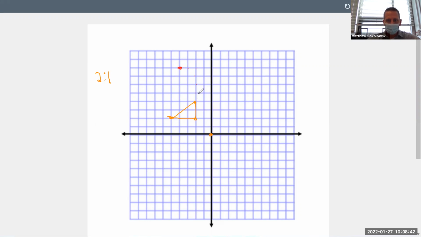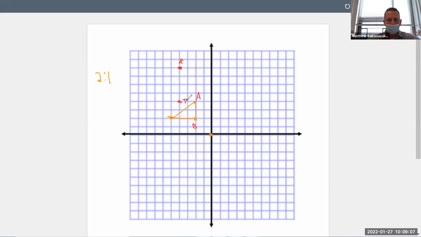Okay. So if this was point A, this is going to be A prime. Now we do it to point B. Up 2, left 2. Do it again. Up 2, left 2. We just doubled it.